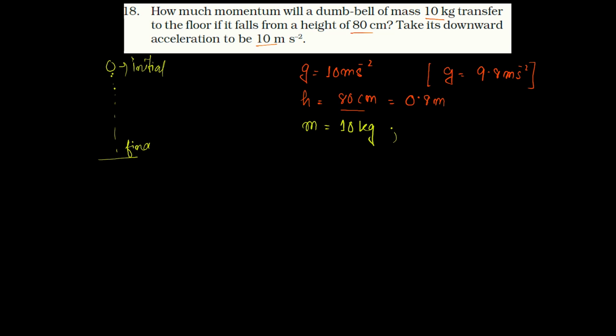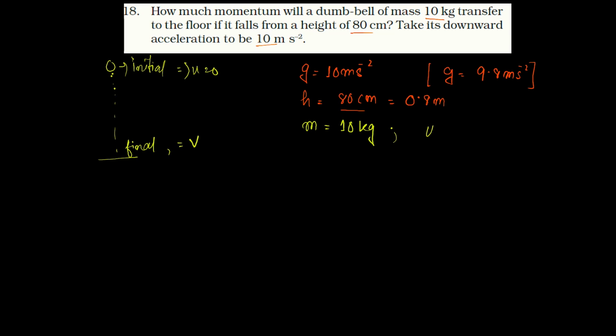Always remember, whenever the ball has to go to the ground, in that case u is going to be 0. But when the ball reaches the ground, at that moment it attains some velocity, right? So that final velocity is going to be v. So what will we write?